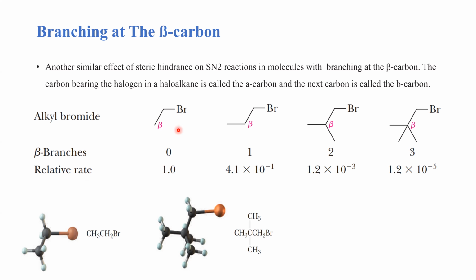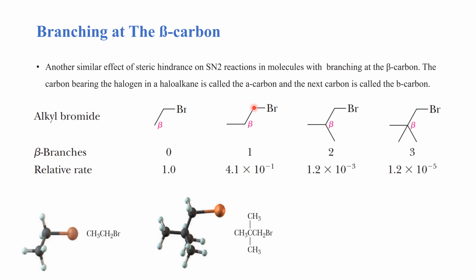The ethyl bromide has been taken as a reference. It has beta branch 0, because on the beta carbon there is no further alkyl group, and its rate of reaction was 1.0. Now we will compare the other cases relative to that one.